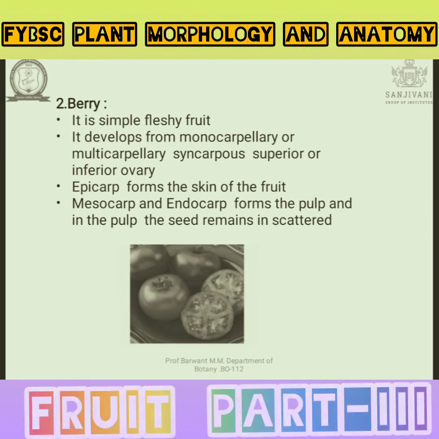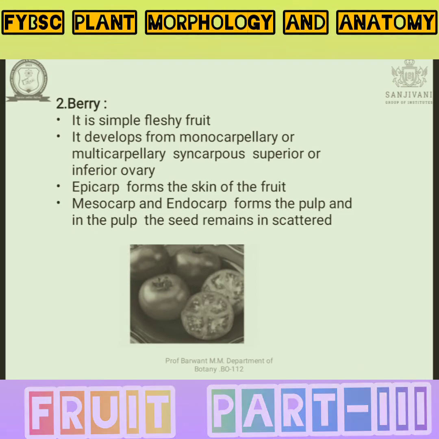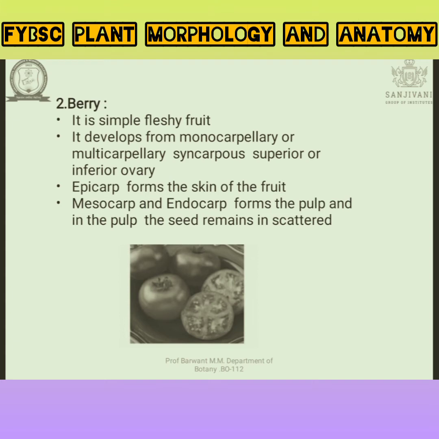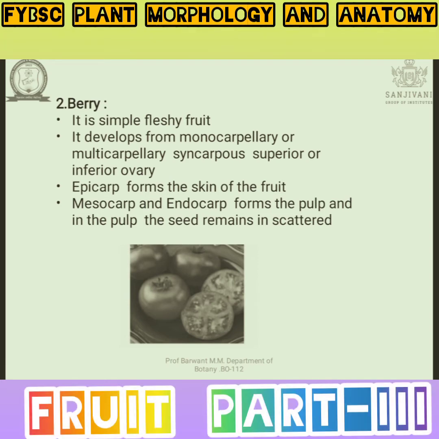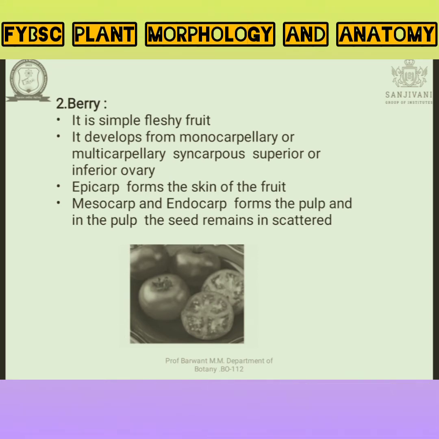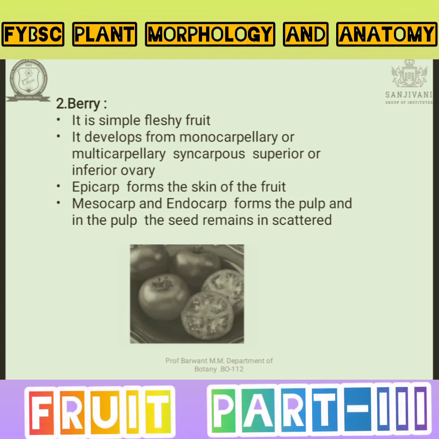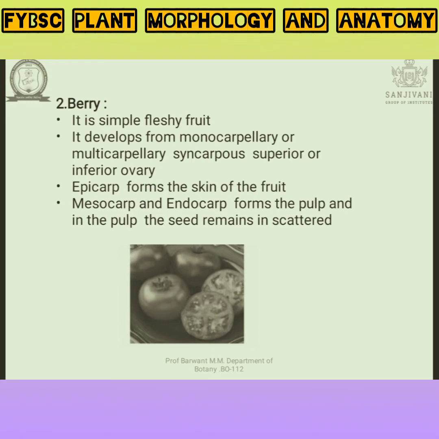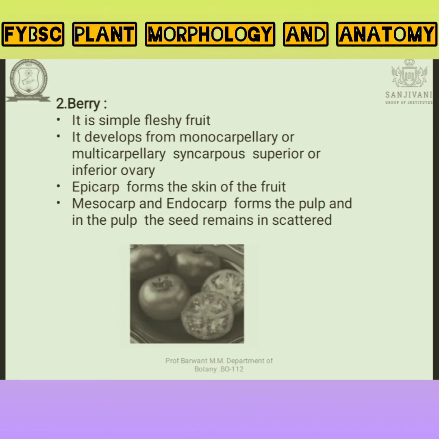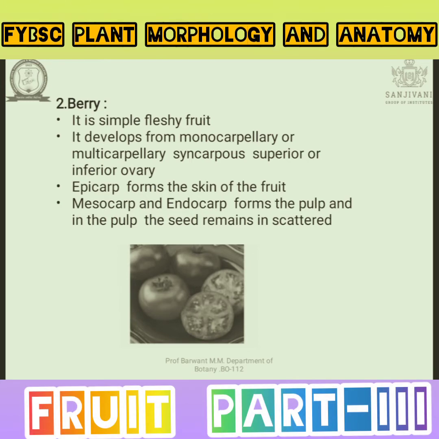Next is the berry. Berry is one type of fruit that has a number of seeds distributed in a fleshy material, that is considered a berry. Berry means a small unit. It is a simple fleshy fruit.